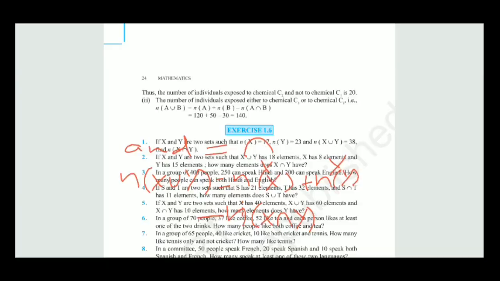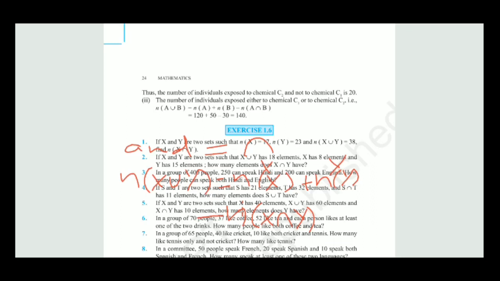And the value of the union is 400. So once again, the number of people who speak Hindi are 250, and the number of people who speak English are 200. The union of both is 400 people, and we have to find the intersection of Hindi and English.